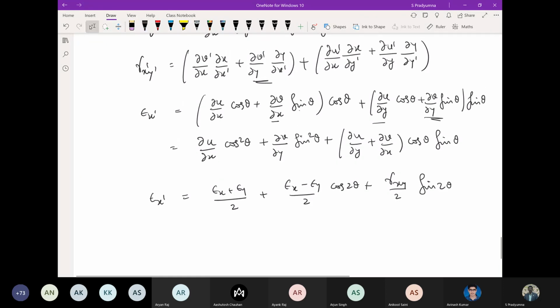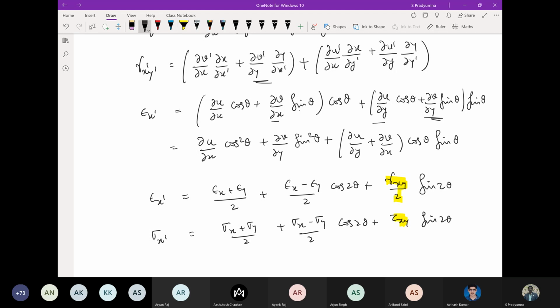So this is the expression we get. Epsilon x dash, when I compare to sigma x dash, which is equal to sigma x plus sigma y by 2 plus sigma x minus sigma y by 2 cos 2 theta plus tau xy sin 2 theta. The expressions are same, only the difference lies here.